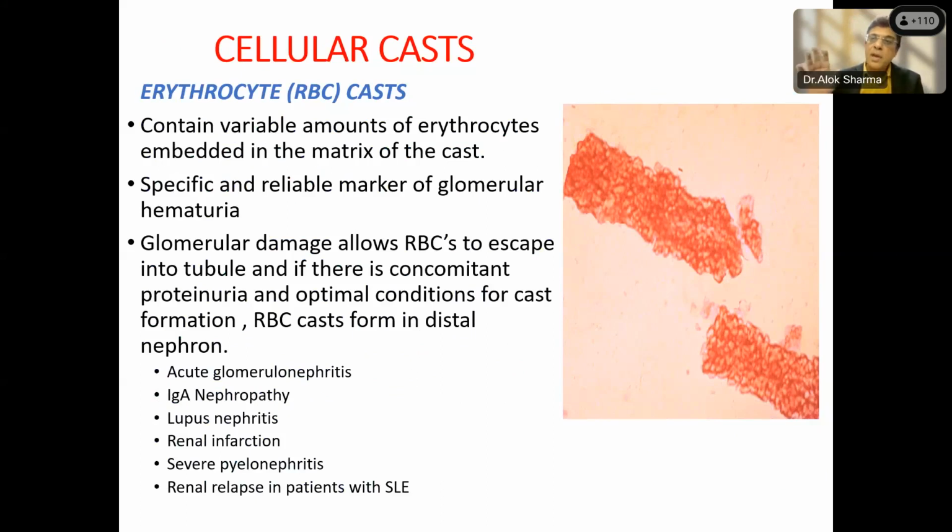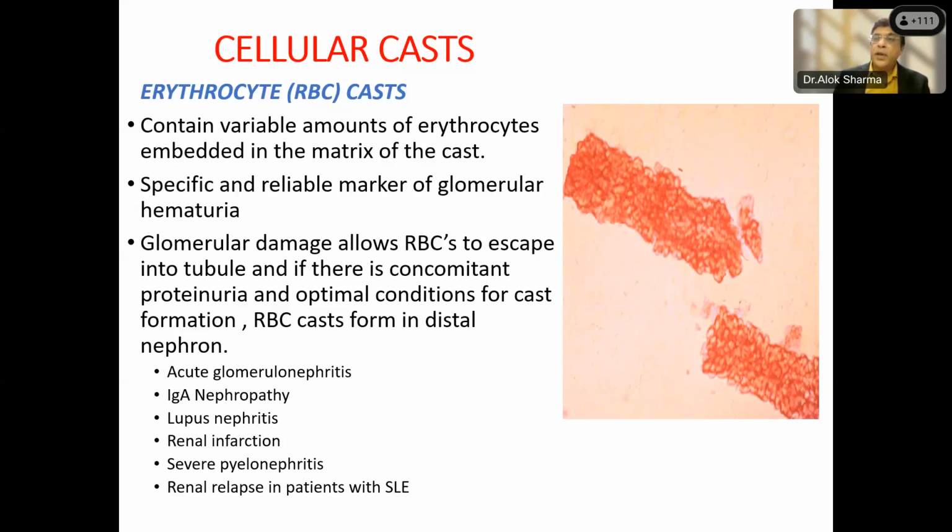It is a very, very useful exercise to actively look for RBC casts in urine. They're a very specific and reliable marker of glomerular hematuria. There are numerous conditions; to name a few, IgA nephropathy, any kind of acute glomerulonephritis, lupus nephritis, renal infarctions, and even in severe pyelonephritis you can sometimes get these casts.